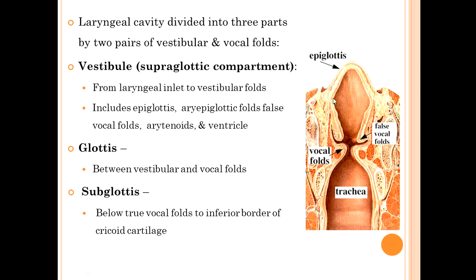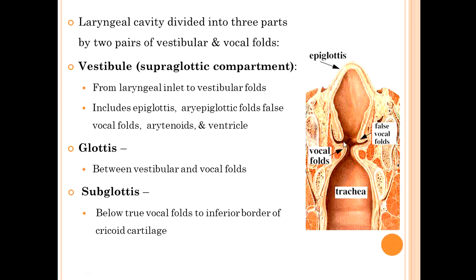Then what are the subdivisions of the laryngeal cavity? Here you see the laryngeal cavity section. It can be divided into three parts. One is the vestibule or supraglottic compartment.